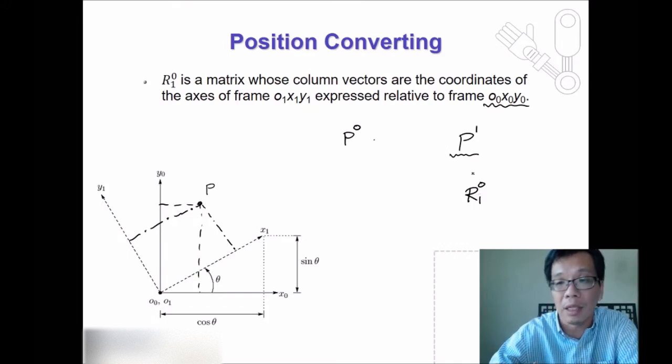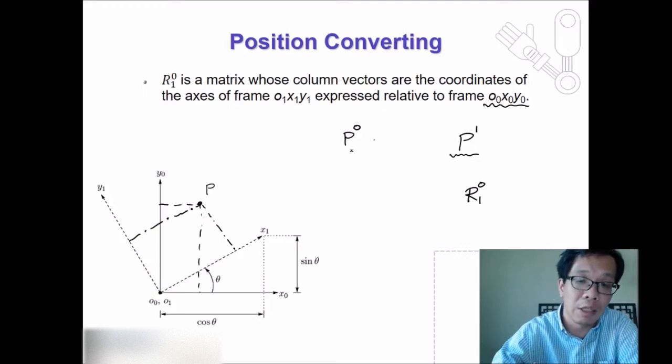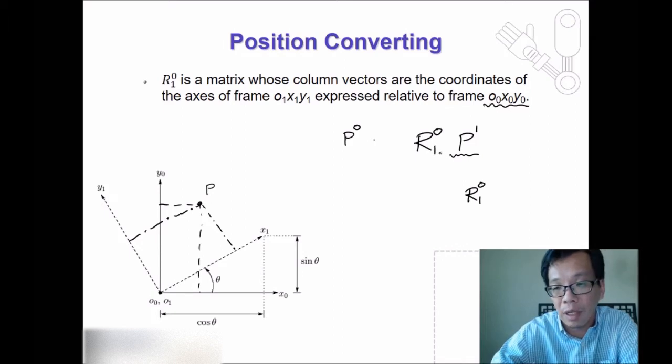What I mean is that because we try to describe this position using the zero frame, the conversion is from 0 to 1. If we multiply this matrix together with this vector, we can get the information of P0 based on this calculation.